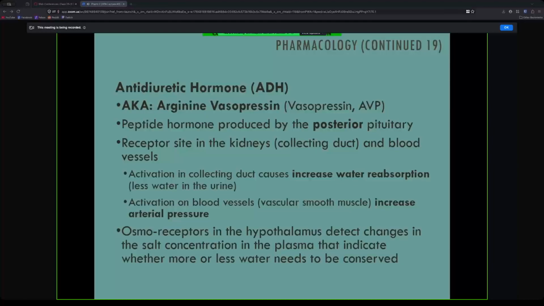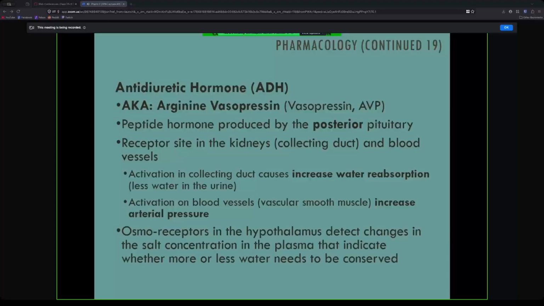There's an error on the slide, the second bullet: peptide hormone produced by the posterior pituitary is incorrect. The posterior pituitary does not produce hormones. I'll change that on the slide deck to secreted by the posterior pituitary, because ADH is made in the hypothalamus. Their end targets, their receptor sites, are the collecting duct of the kidneys and also the blood vessels, and we'll talk about those two different mechanisms.